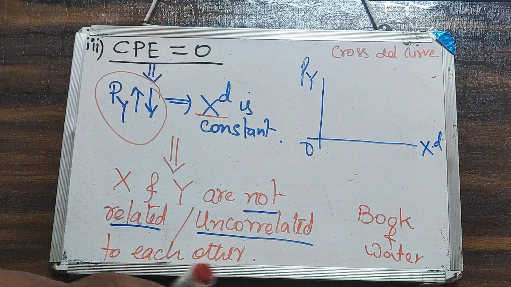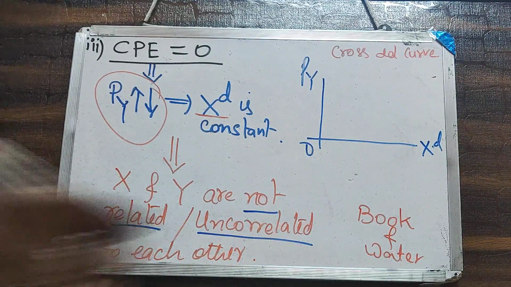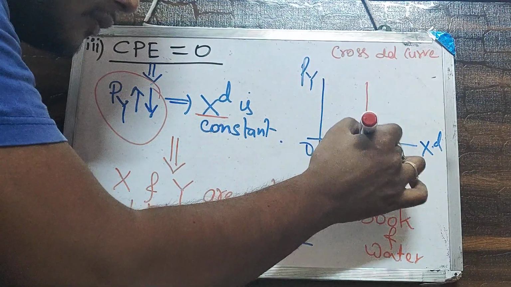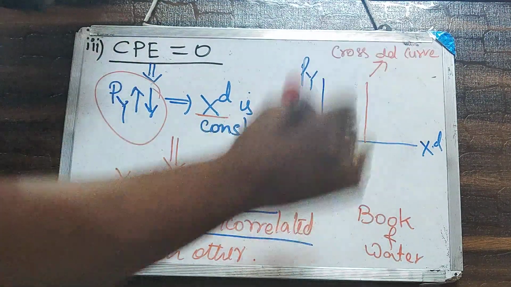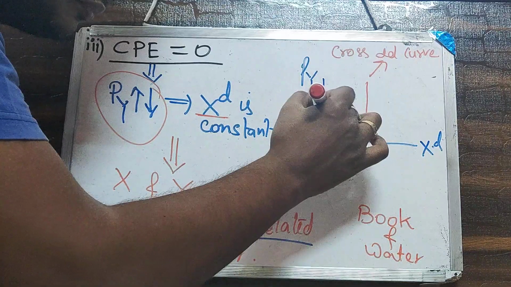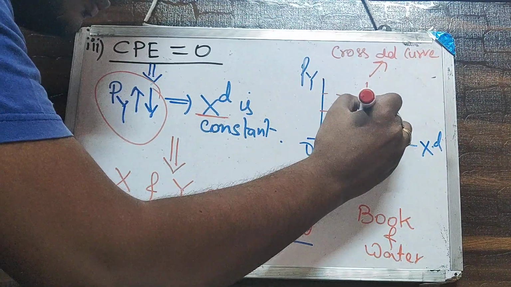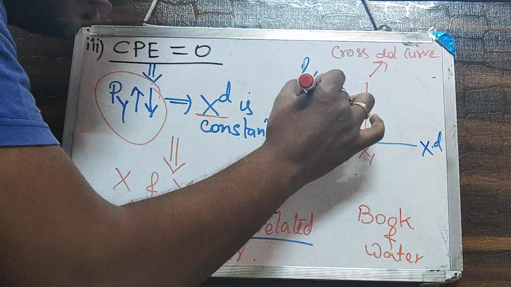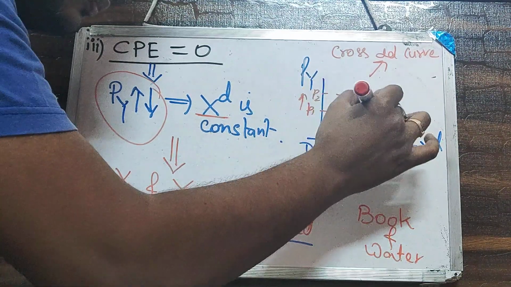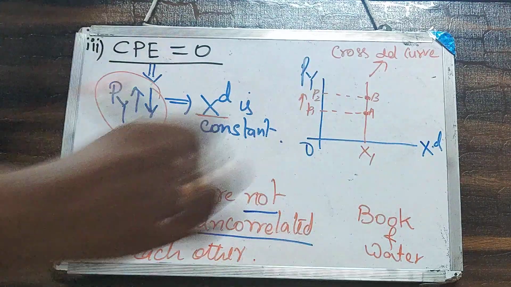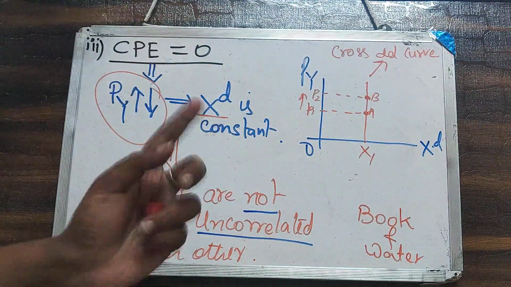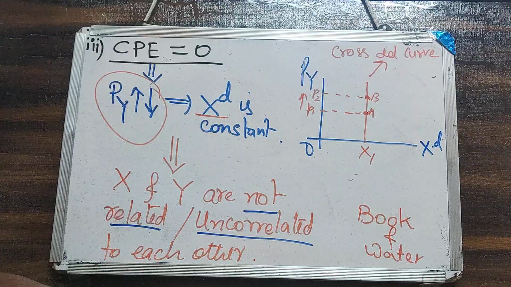Since there is no change in the demand for X, even when the price changes, it will be vertical. Whatever the price of Y may be, there will be no change in the demand for good X.